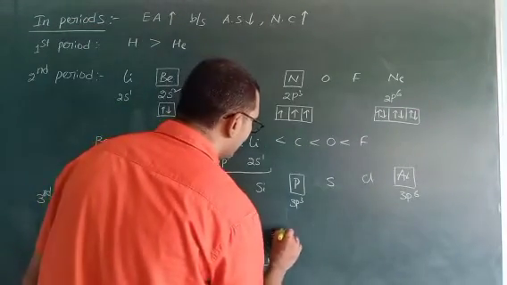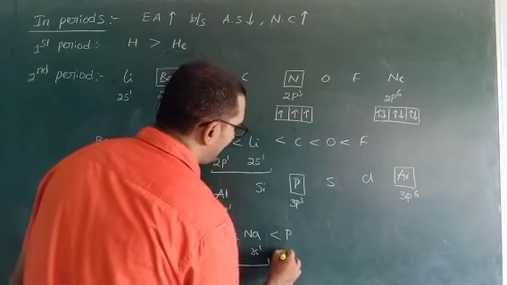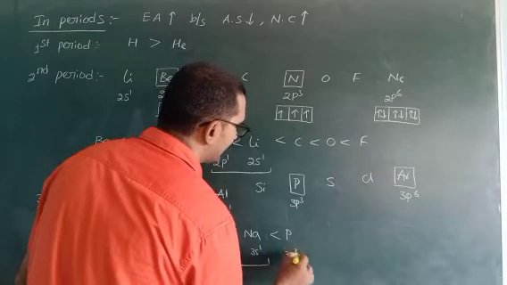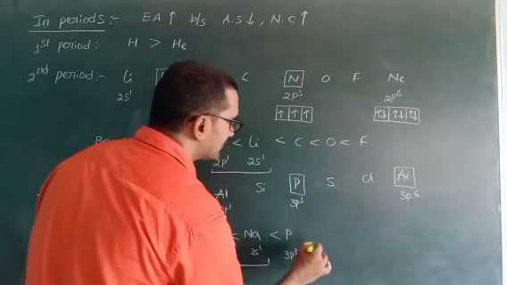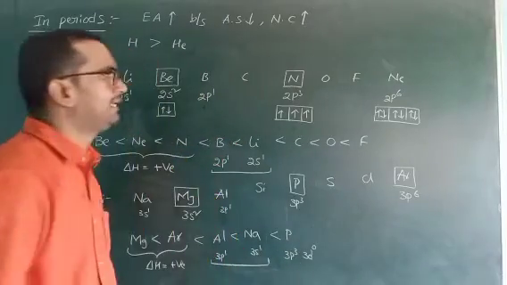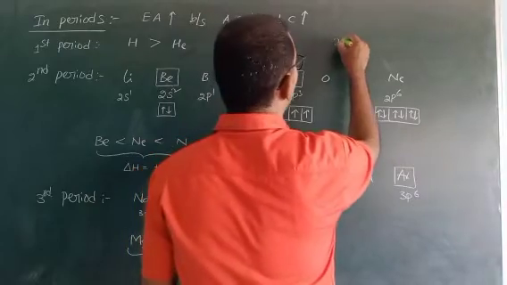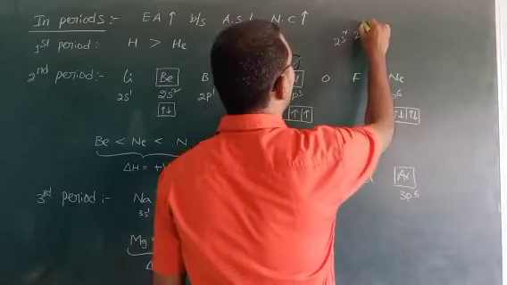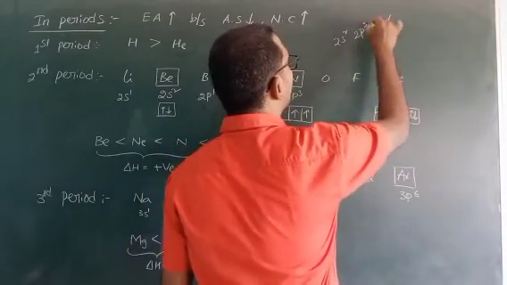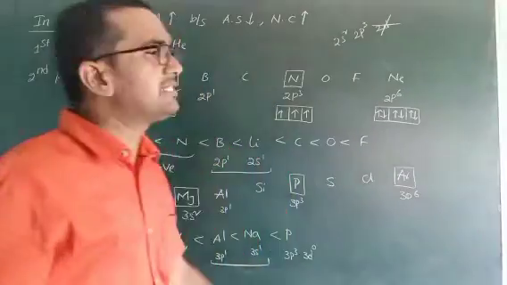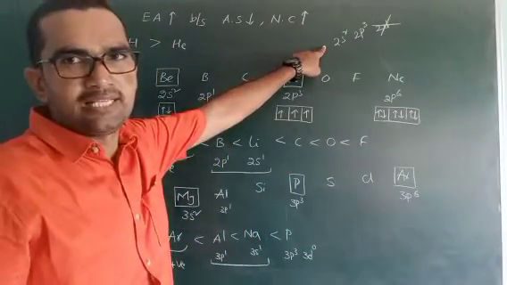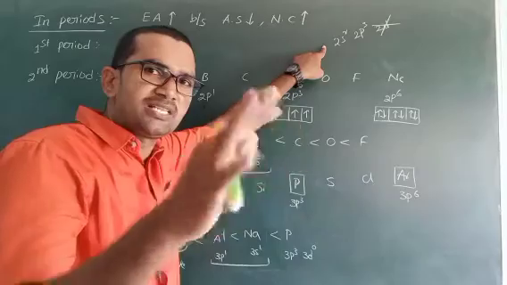Why? In phosphorus, 3p3, it contains 3d also. But in nitrogen, 2s2, 2p3, there is no 2d, because it is the n equal to 2 shell. In the n equal to 2 shell, only 2s and 2p are present, there is no 2d.